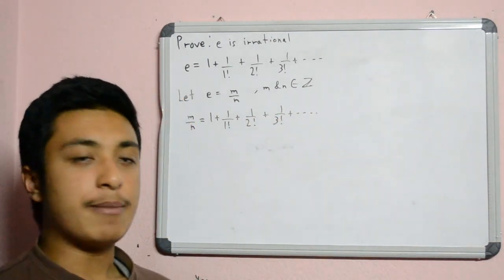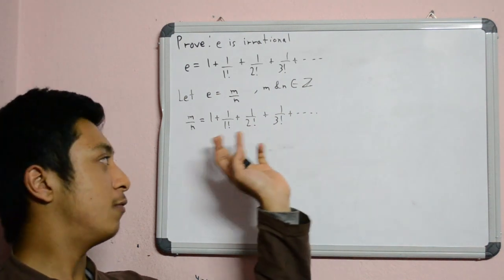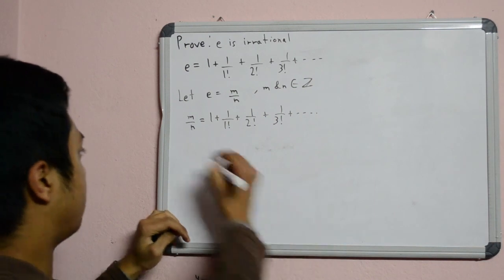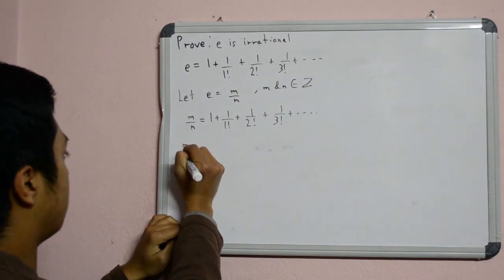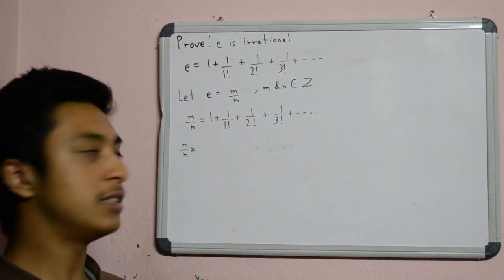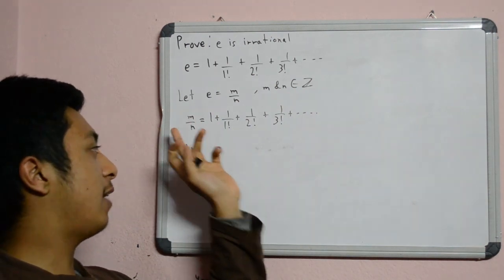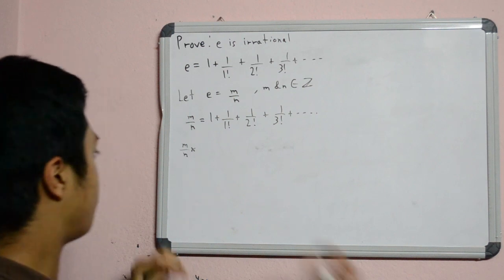Now I'm going to write a few extra terms in the next step. First I'm going to multiply both the left and right hand side by n factorial.